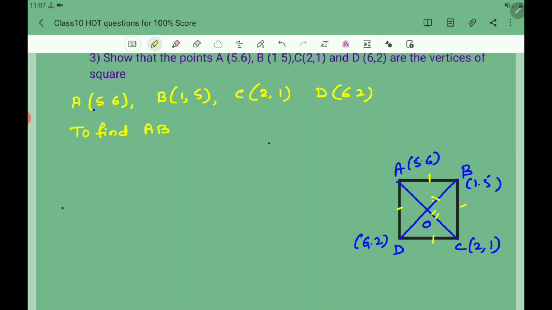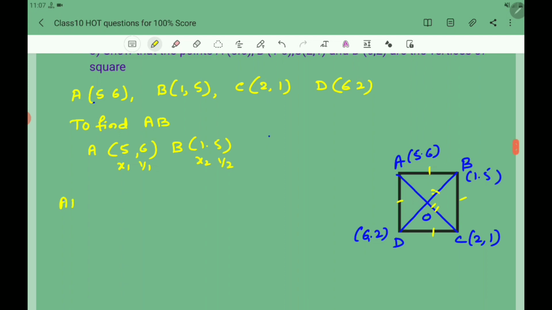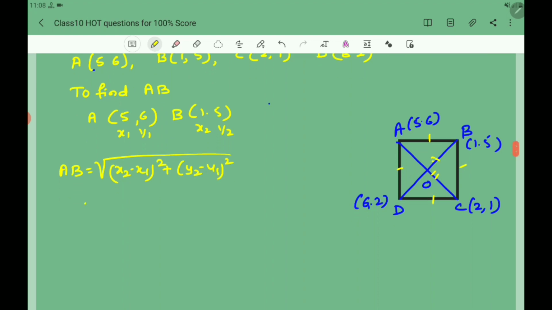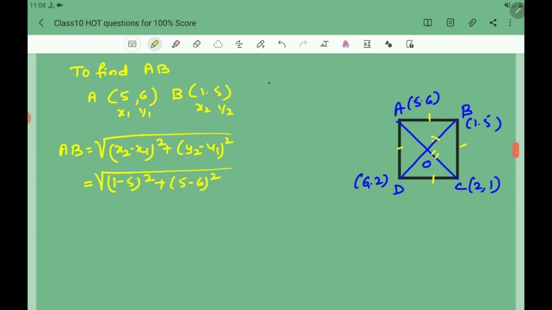To find AB, you take A(5,6), B(1,5). So these are x1, y1, x2, y2. Then AB equals, using the distance formula, square root of (x2 minus x1) whole square plus (y2 minus y1) whole square, that equals root of (1 minus 5) whole square plus (5 minus 6) whole square.